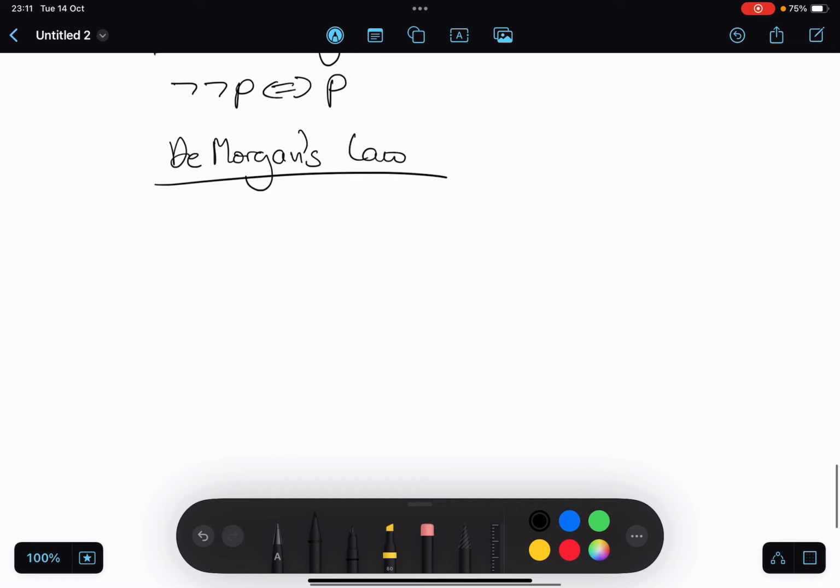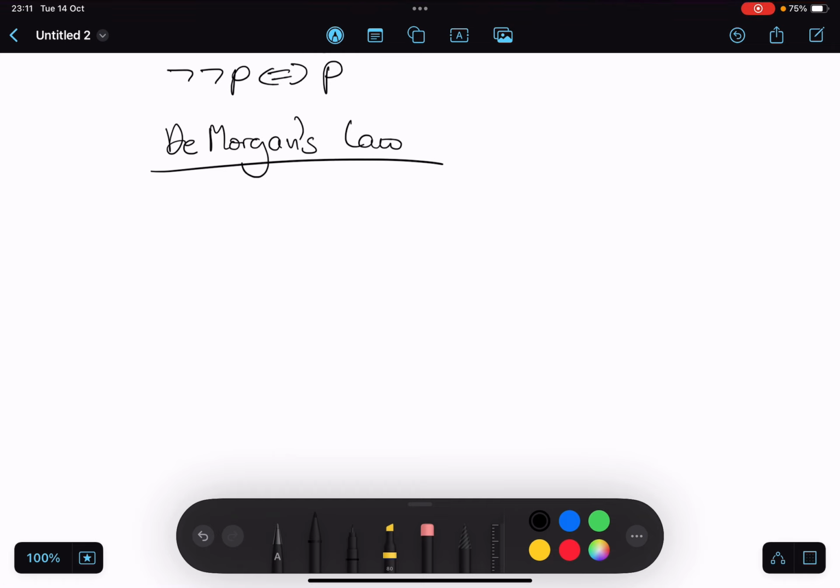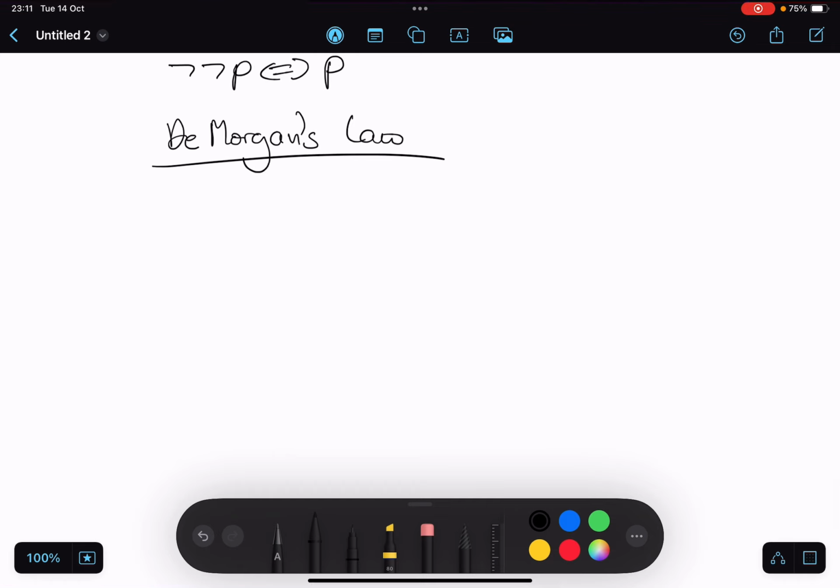With De Morgan's law, we have seen it under set theory, and it's relatively the same thing here.